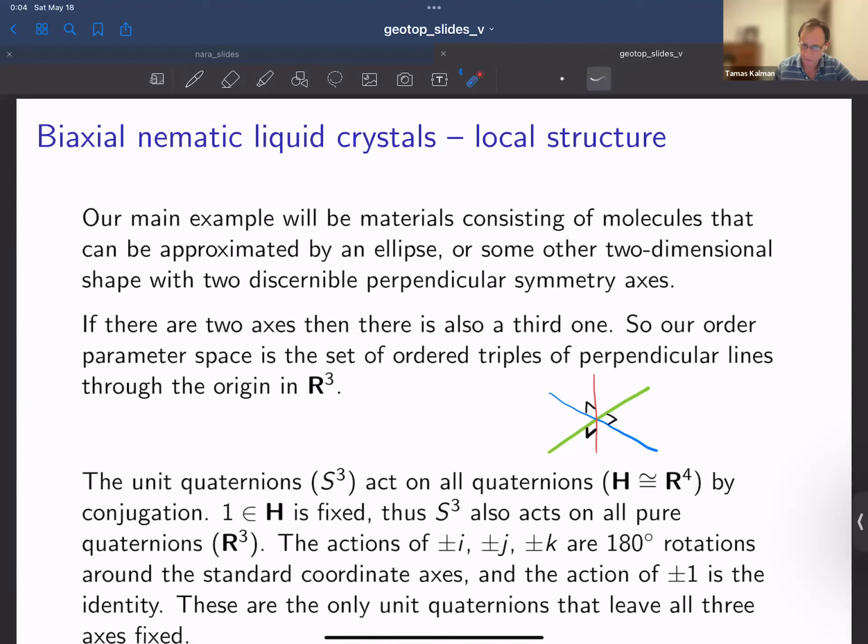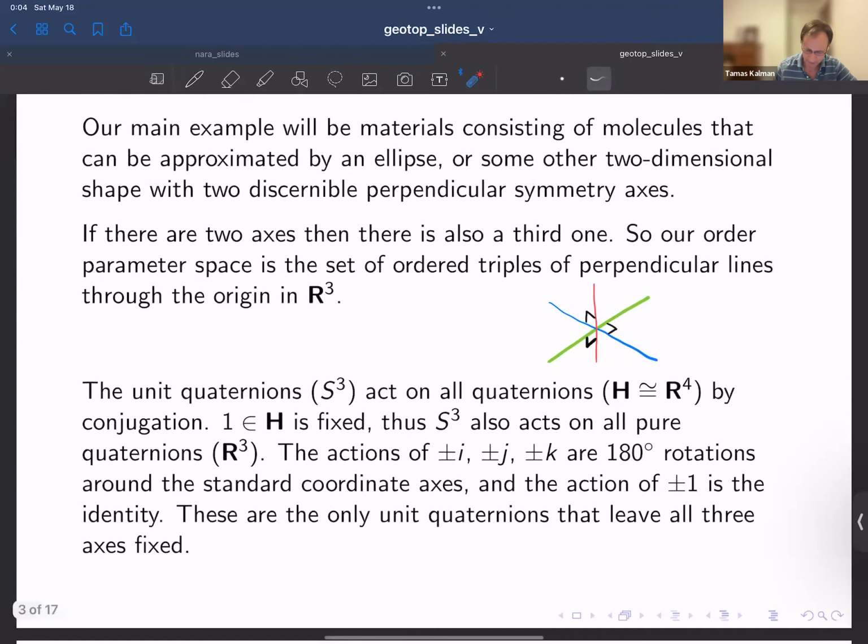So to describe the position of each molecule, what I would prefer to look at instead of actual molecules is this kind of little local system where there are three perpendicular axes. They are ordered, so I can keep track of which is which, but they are not directed. And that's exactly why this system has sort of enough symmetries to be interesting. So the quaternions are going to pop up very soon.